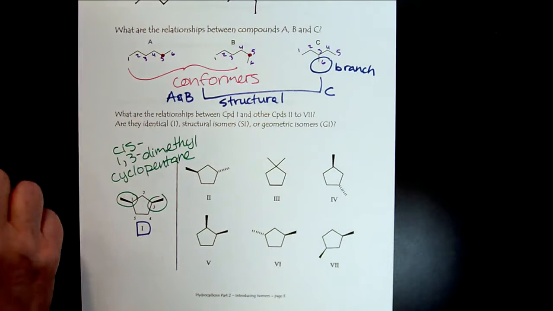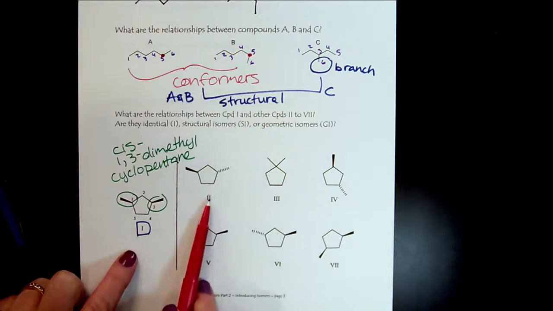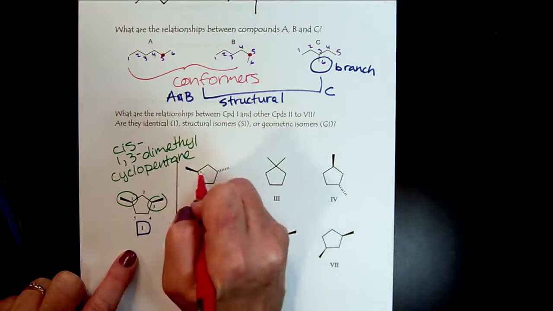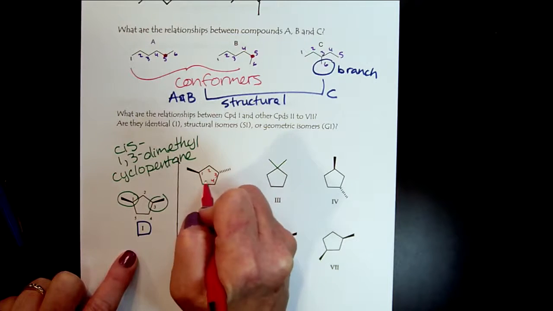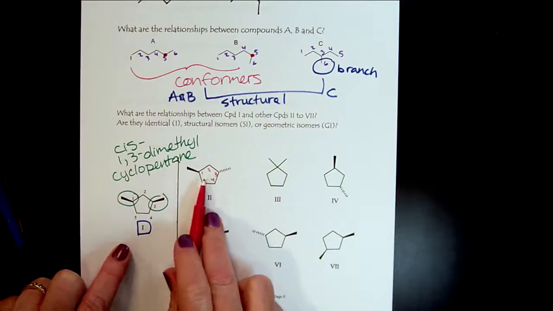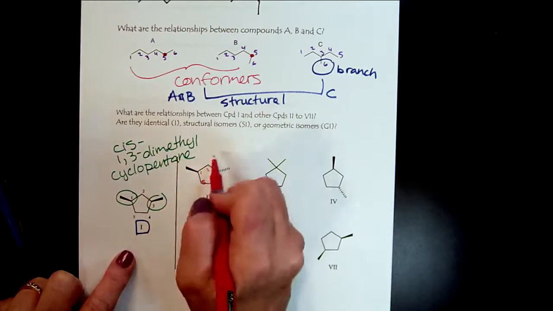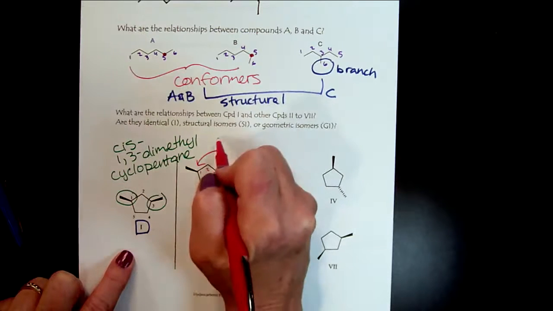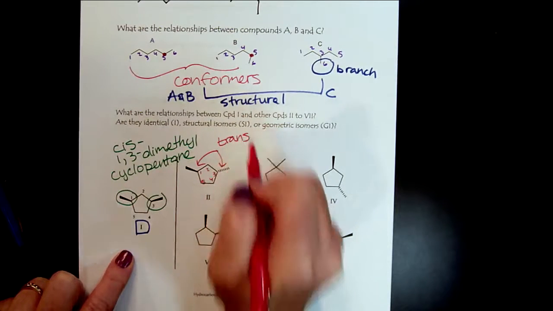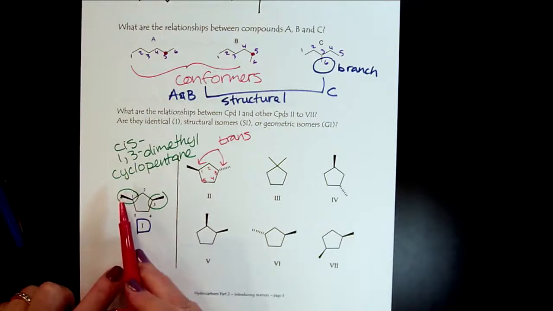All right, so let's compare with compound 2, right? 1, 2, 3, 4, 5. So we still have 1,3 substitution, but now notice it's trans. Okay, so everything's the same except we have cis and trans.